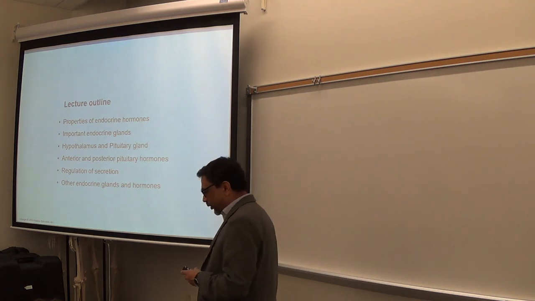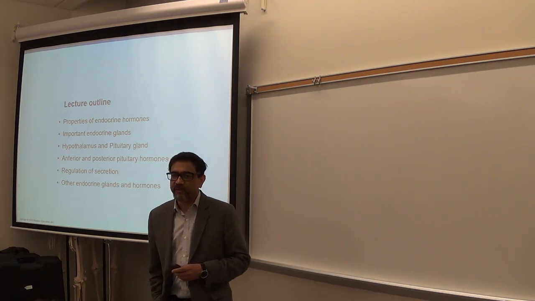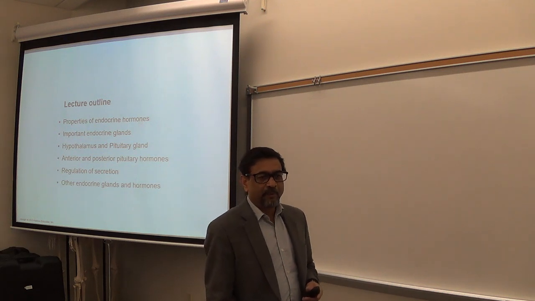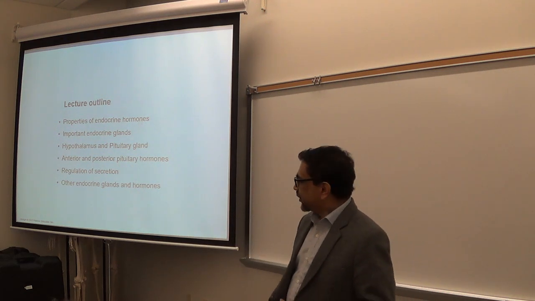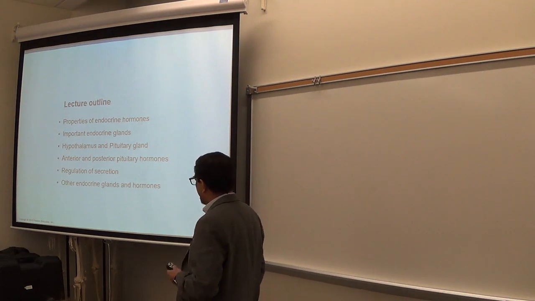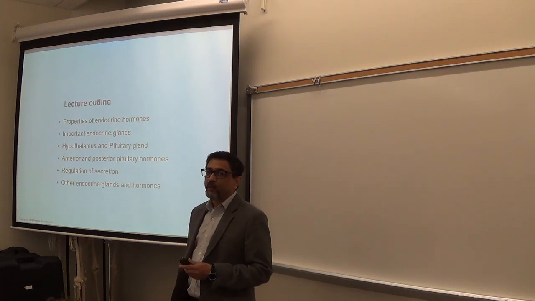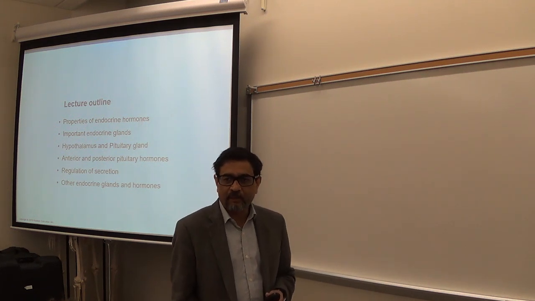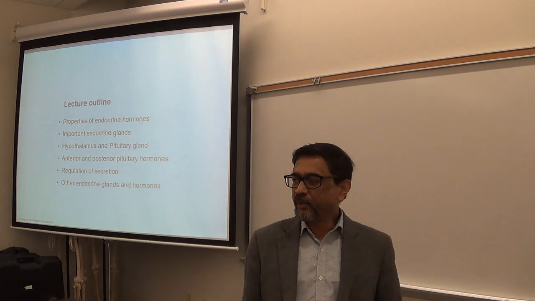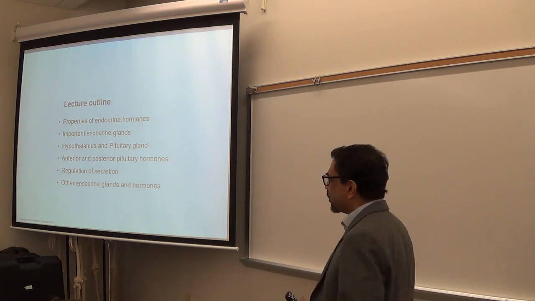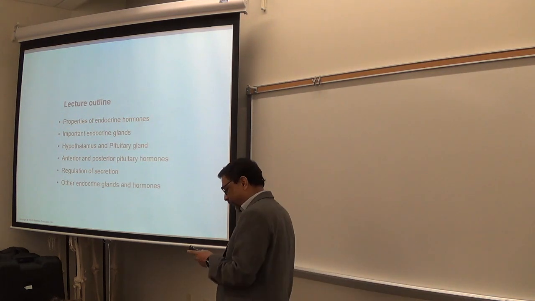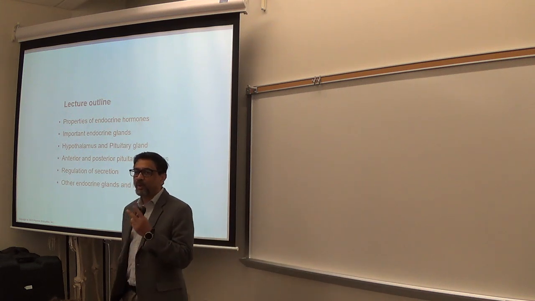Then we'll talk about the pituitary hormones. Pituitary gland secretes a number of hormones. Pituitary gland has two parts, anterior and posterior. Anterior pituitary secretes 6 hormones and posterior pituitary secretes 2 hormones.